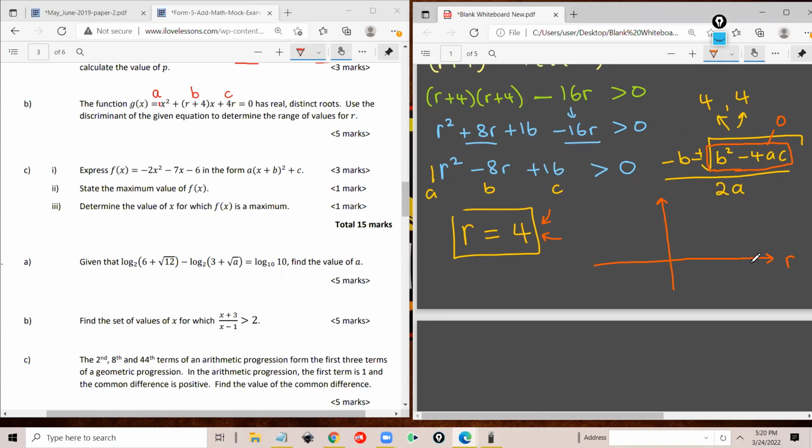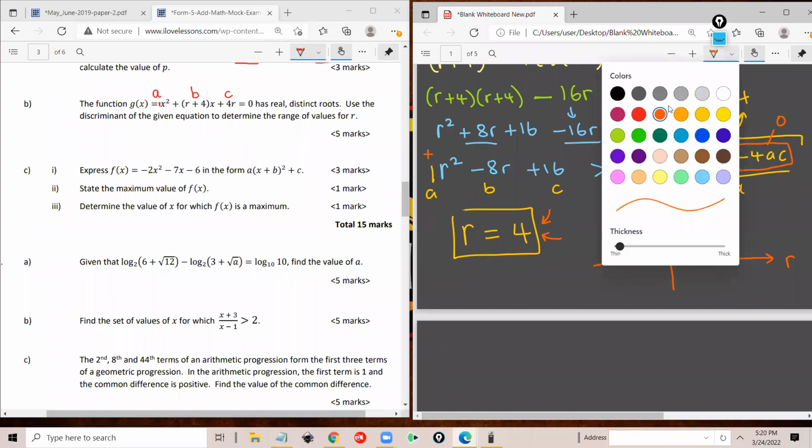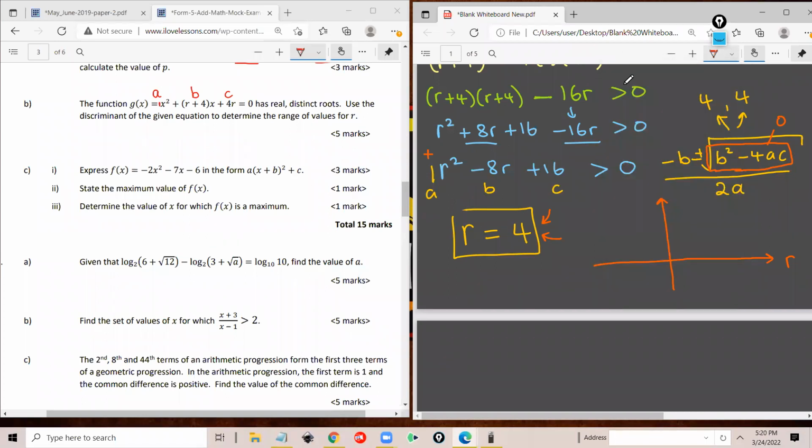So if we were to draw this quadratic, would we get a U-shaped curve or an N-shaped curve? Well, what do you all think? You will get a U-shaped curve, all right? Because A is positive 1. Remember, when A is positive, you always get a U-shaped curve.